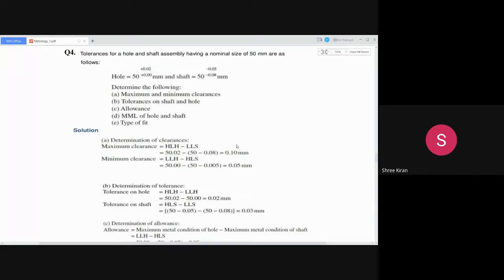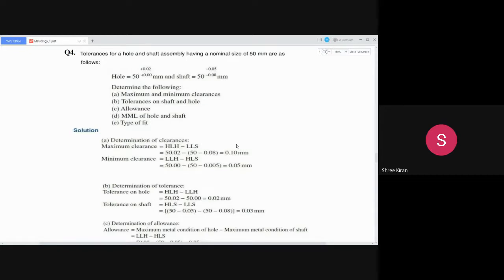You just have to know the basic equations, then substitute the values and find the maximum clearance, tolerance, and allowances, everything. Maximum clearance is the higher limit of the hole minus the lower limit of the shaft.